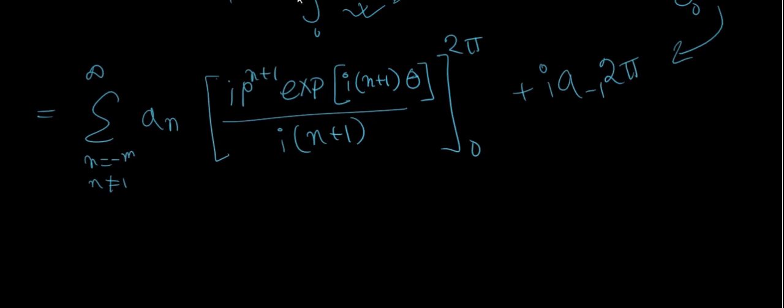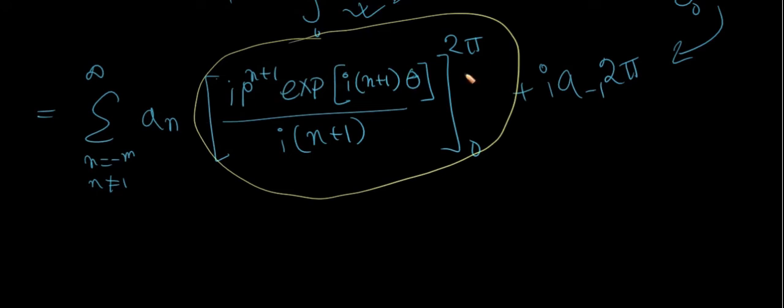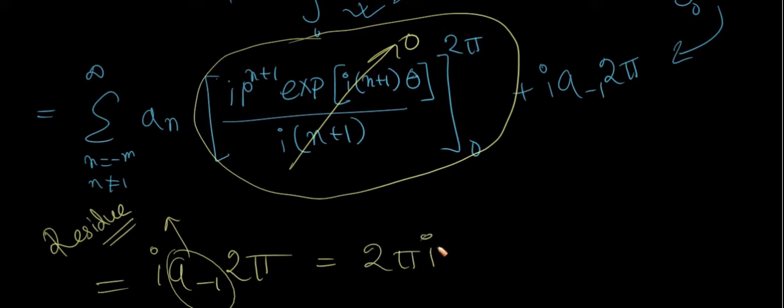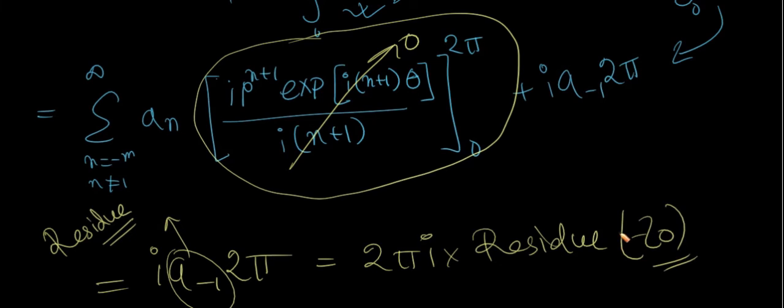Now notice this part. If you put the limits for theta, you see that this part is just 0. So finally what you have is a_-1 i and a 2 pi. But this a_-1 is what? This is the residue. So ultimately you have this 2 pi i times the residue for the point z0.